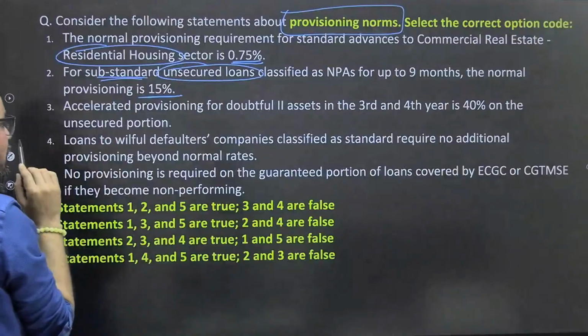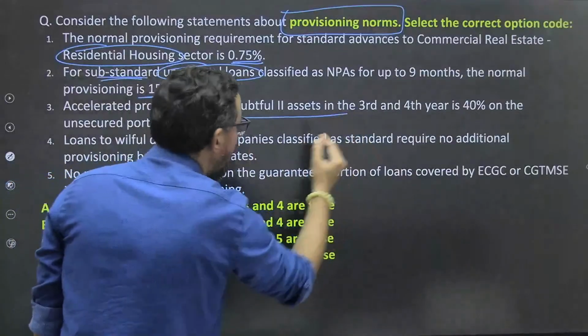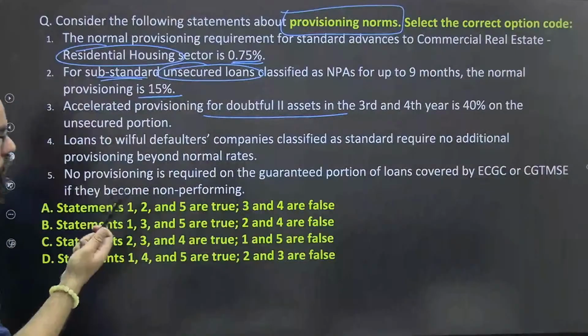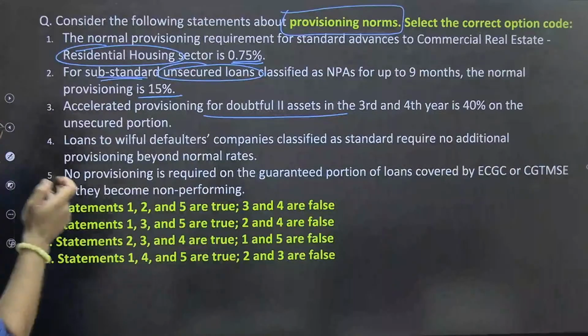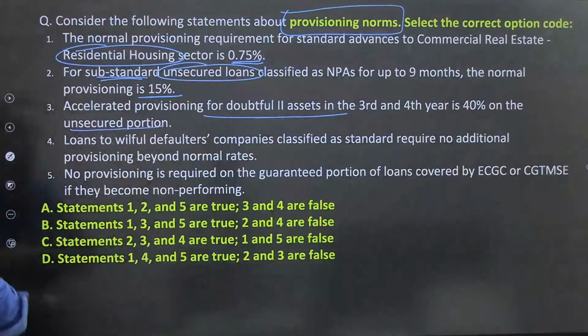Then we have accelerated provisioning for doubtful 2 asset in the third and fourth year is 40%, 40% on the unsecured portion. ठीक है, and then next one is loans to willful defaulter companies classified as standard assets require no additional provisioning beyond the normal rate.